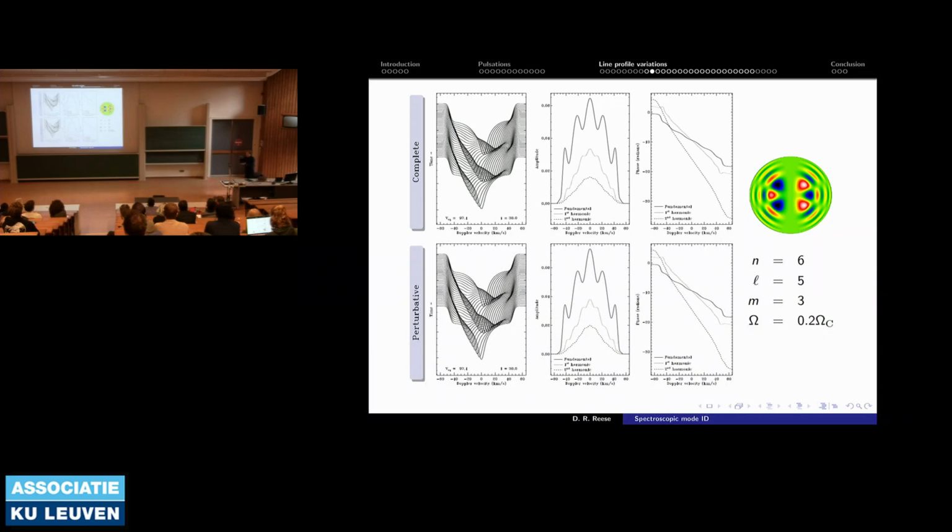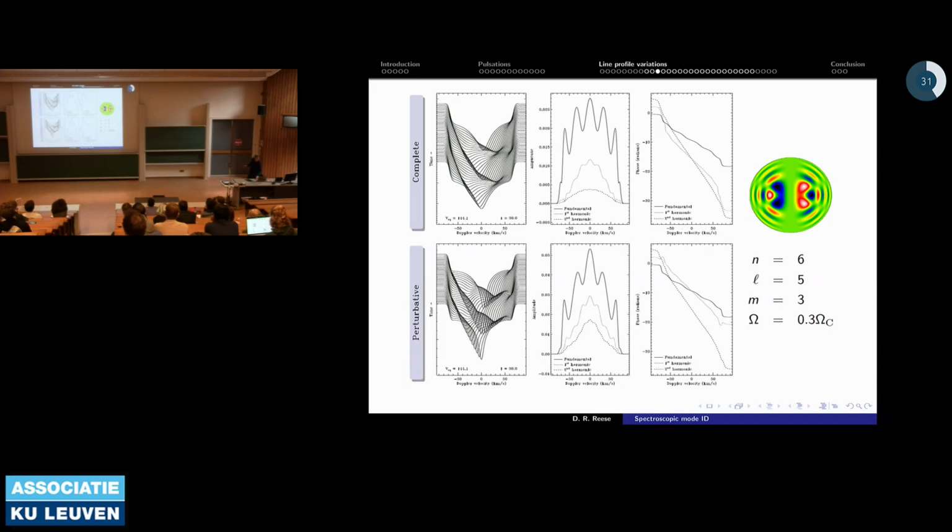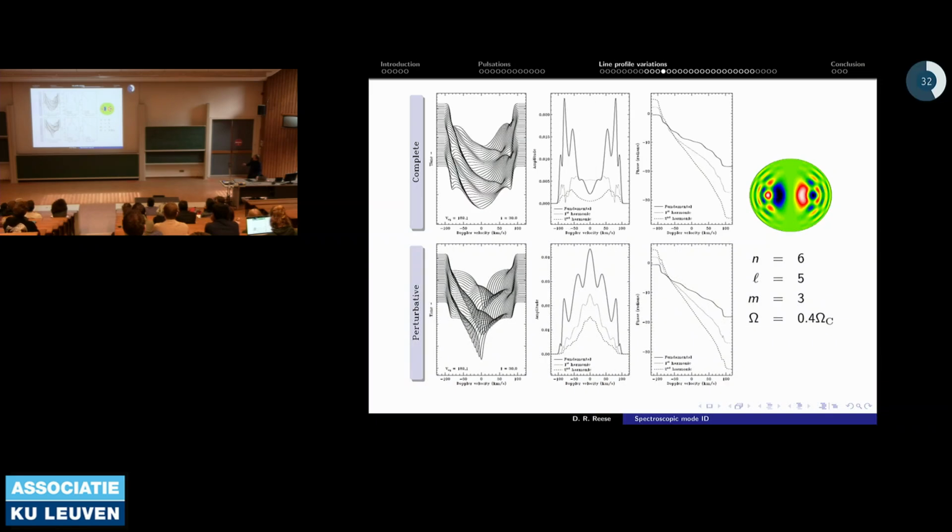That's just simply the centrifugal force that's flattening the star. And so you can see initially the two calculations are very similar. But then as you increase the rotation rate, you can see that the pulsations are less and less strong in the middle for the full 2D calculations, whereas they remain strong in the middle for the perturbative approach.